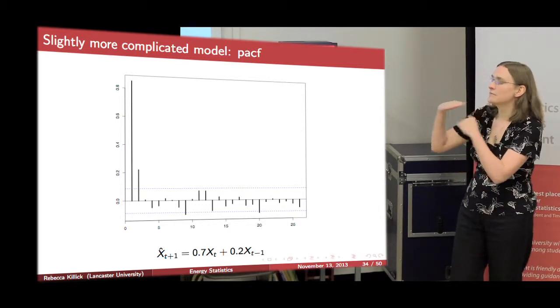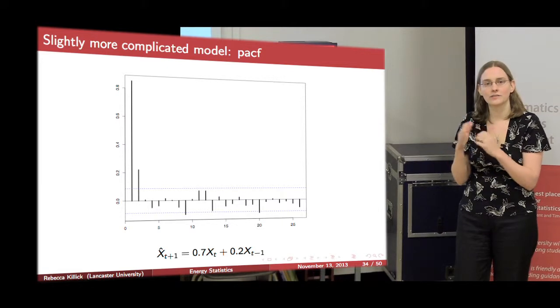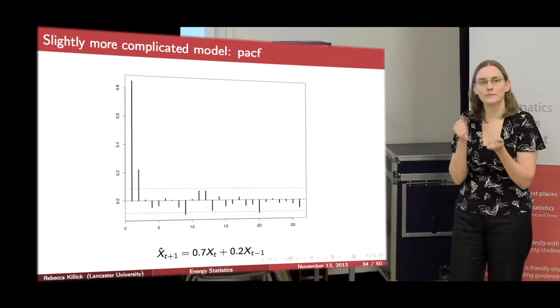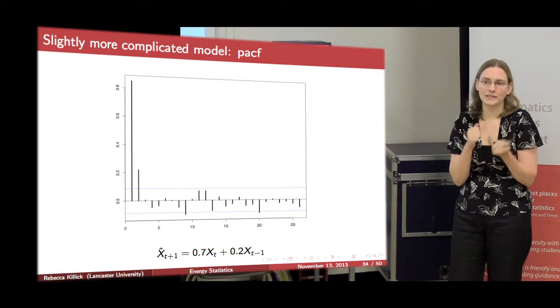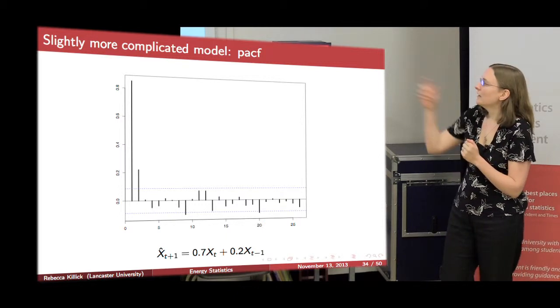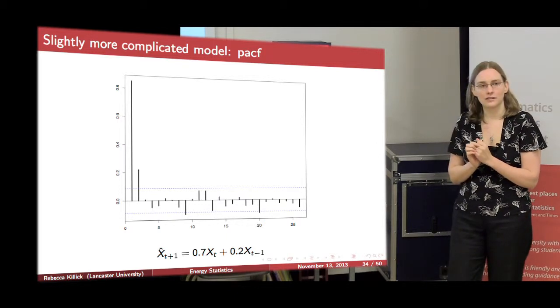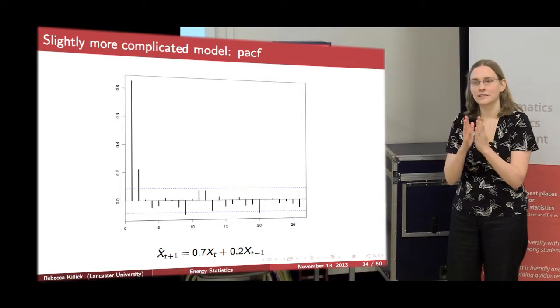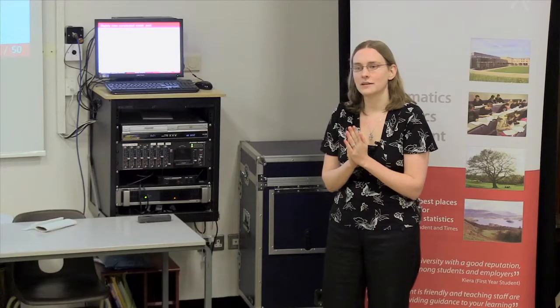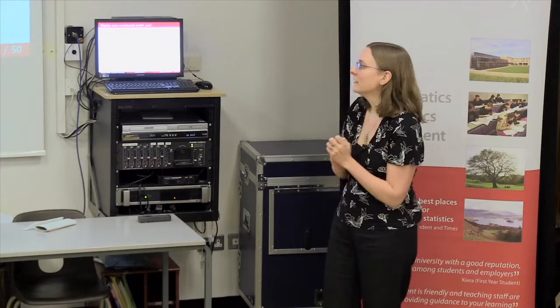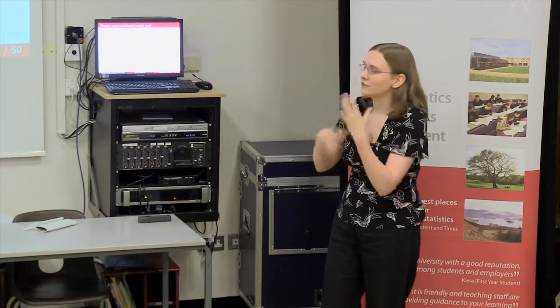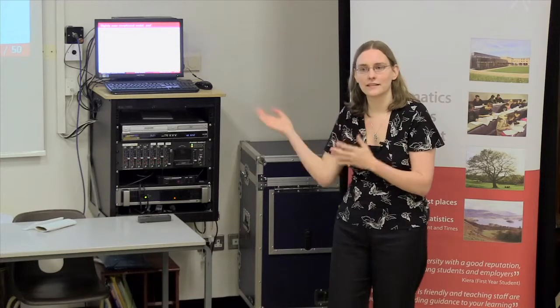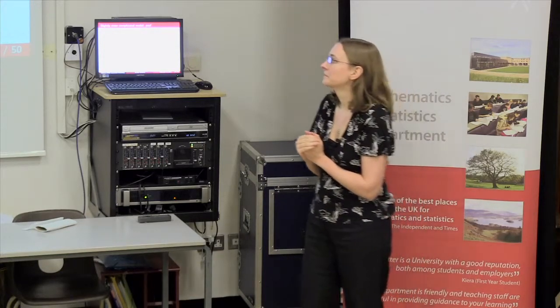Because those blue lines that we've got there are our confidence. And essentially, if you've got random noise going on, so where you can't predict it, it should stay between those 2 blue lines. So essentially, this tells us that we only need the last 2 time points to actually predict this series. And then you estimate the coefficients of that, and that's how you get to the formula at the bottom.